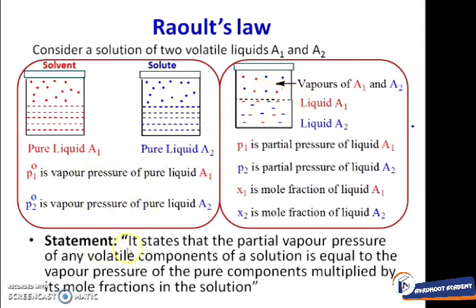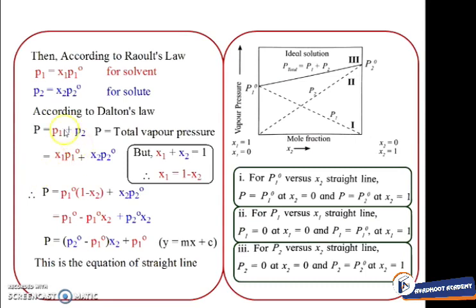Now according to Raoult's law, the partial vapor pressure of a volatile component of a solution is equal to the vapor pressure of the pure component multiplied by the mole fraction of that component in the solution. Therefore, according to Raoult's law, P1 is equal to x1 into P10.